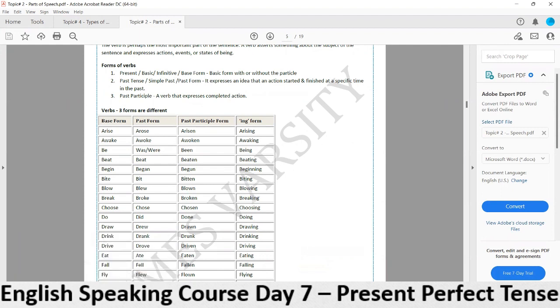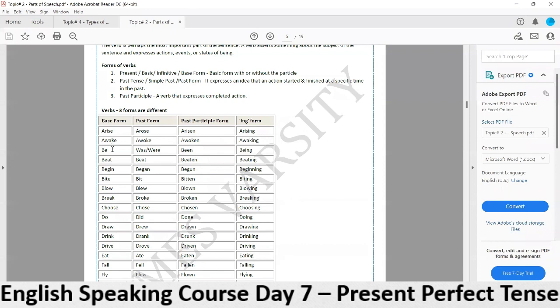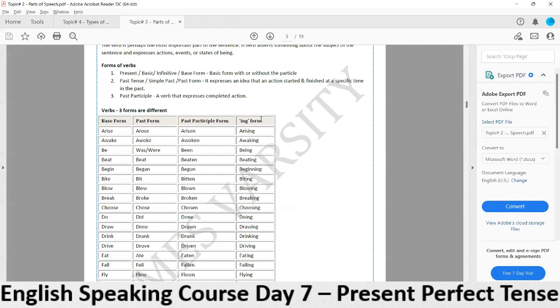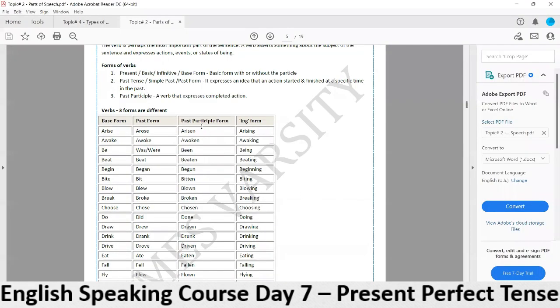In our last two, that is present indefinite and present continuous, the base form or first form was used in present indefinite, and in present continuous the ing form was used, and in this present perfect tense, this third form is used, which is also called the past participle form.